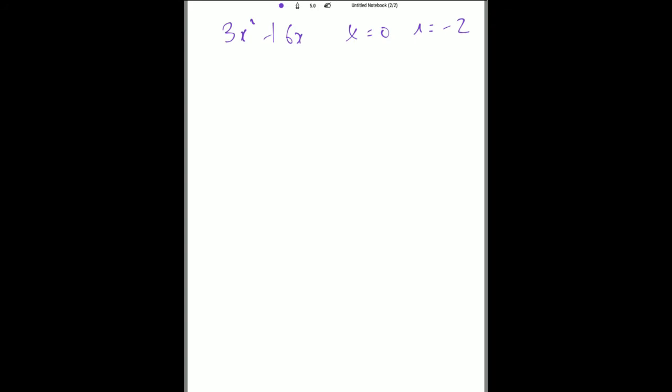Now, what do we want to do? We want to find out where this function is increasing and where it's decreasing. So as we learned, we know that this function is decreasing where the first derivative, this expression here, is less than 0, and it is increasing when that very same expression is greater than 0.